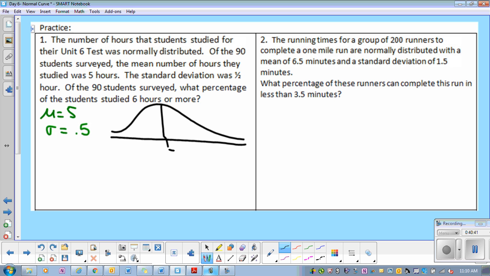5, 1, 2, 3, 1, 2, 3. If it's going up by half an hour, then it's 5.5, 6, and 6.5, yes? If it's going down by half an hour, then it's 4.5, 4, and 3.5, yes? All right, Tom, you writing any of this down?